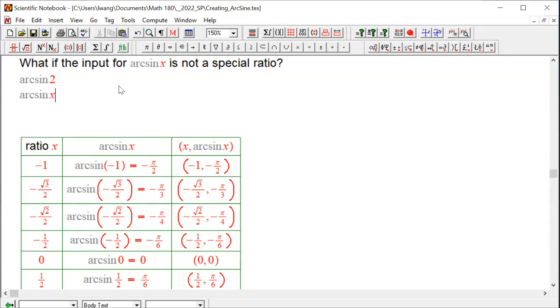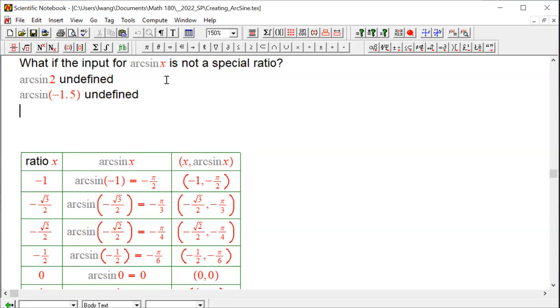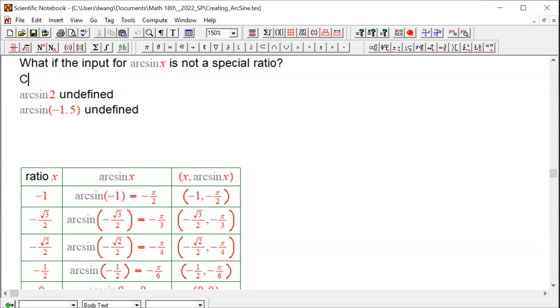What if you put -1? Yes, we have an answer. How about -1.5? Undefined. In both cases it's undefined because you're outside the domain. Case 1: outside the domain of ArcSine.